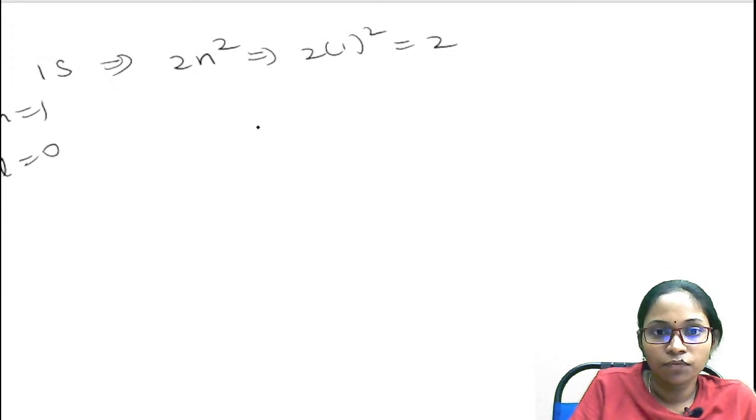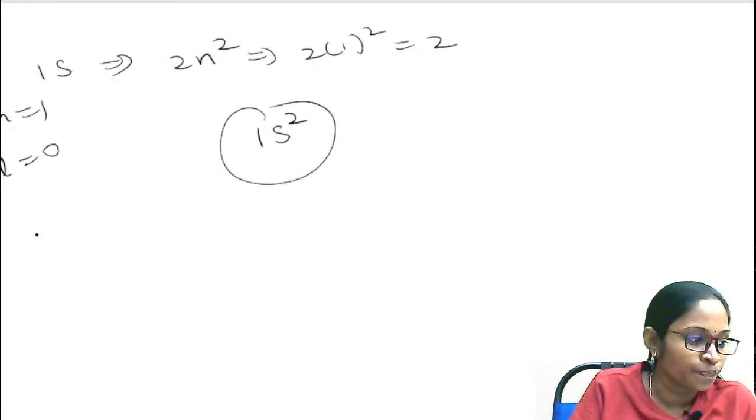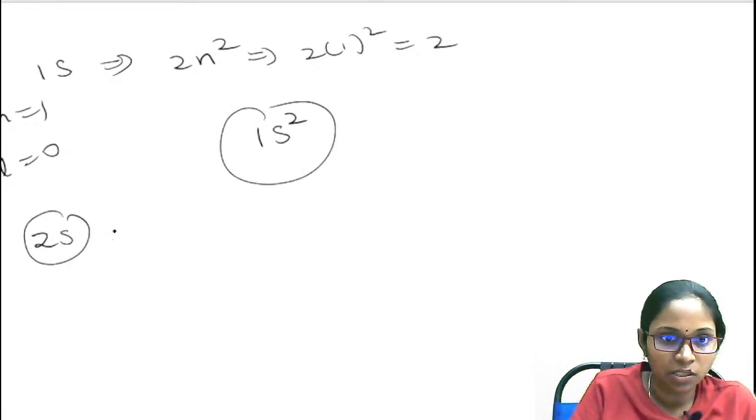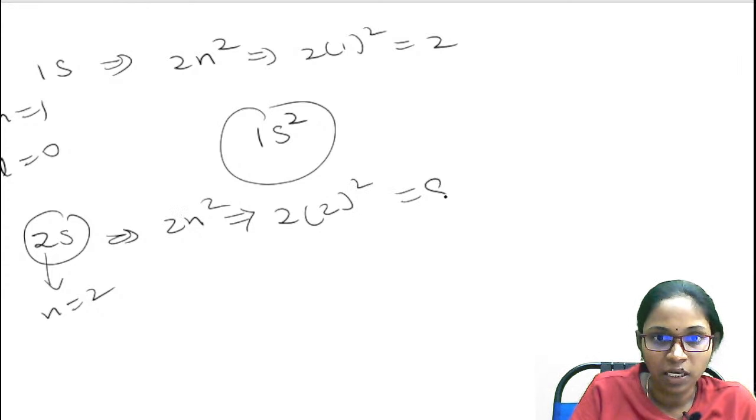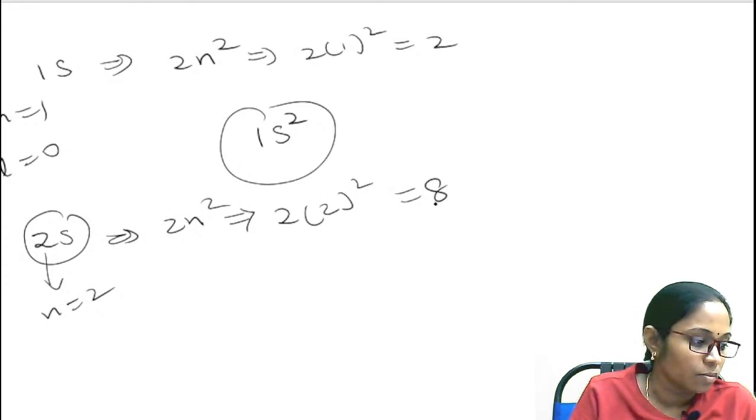Therefore in the 1s orbit you can fill a maximum of 2 electrons. And coming to the 2s orbital, let's see from this formula 2n²: n value is 2. 2 into 2² will be 8. The maximum number of electrons we can fill is 8.